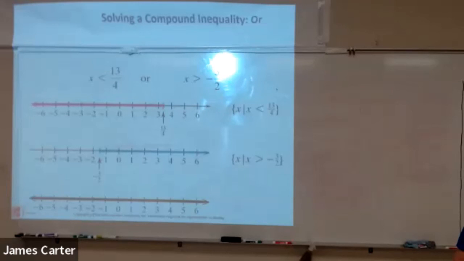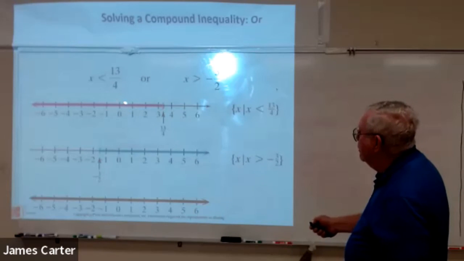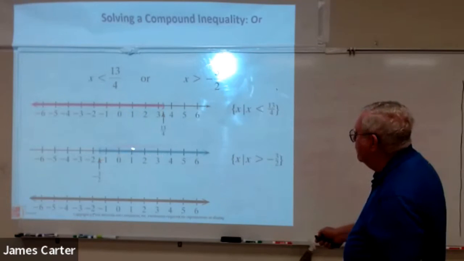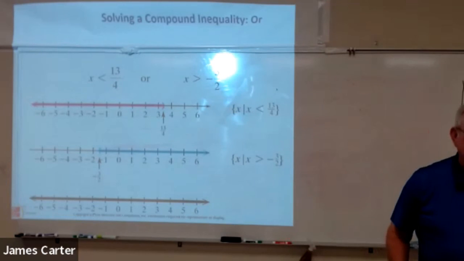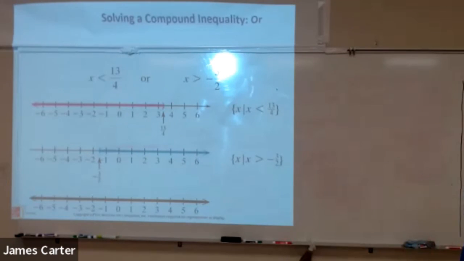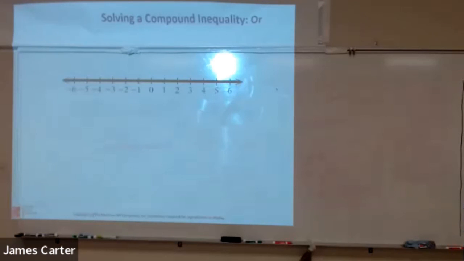Remember that very first set where we had pairs of A's, pairs of C's, and pairs of E's? This is kind of like that. We've got pairs of values from here and from here, but we only list it once. Same kind of idea. Okay, so that's our total graph, negative infinity to positive infinity.